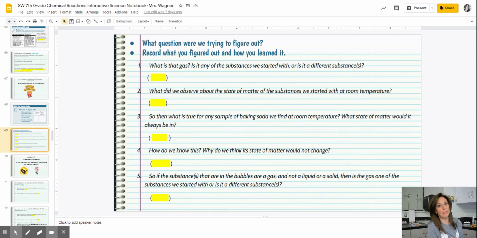So let me read number 5 again. So if the substances that are in the bubbles are a gas and not a liquid or a solid, then is the gas one of the substances we started with, or is it a different substance?